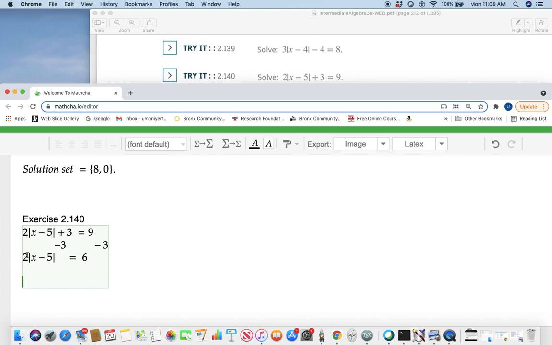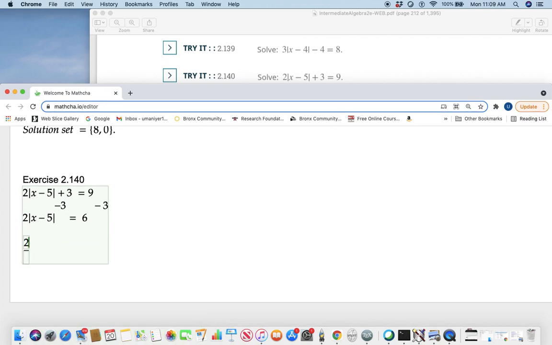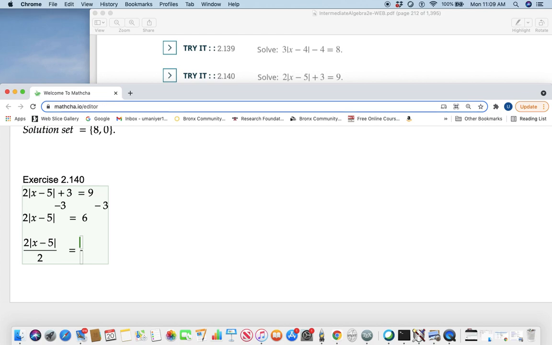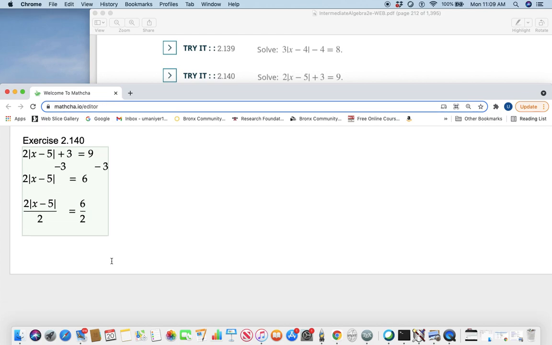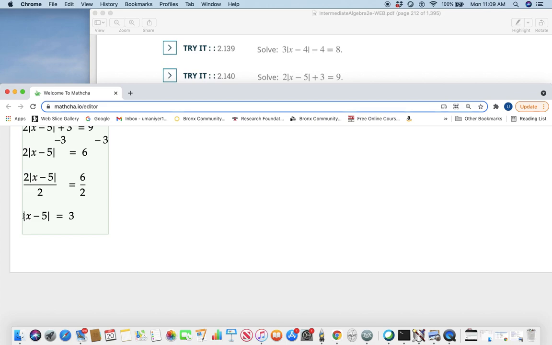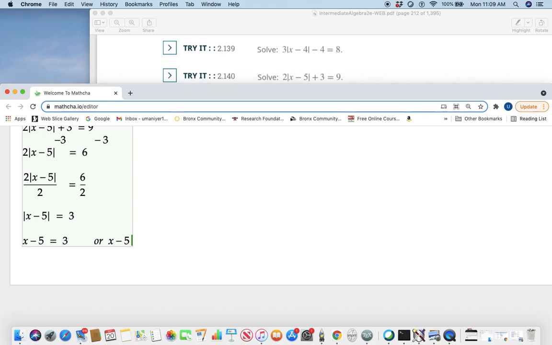You want to get rid of this 2. So divide both sides by 2. 2 absolute value x minus 5 over 2 equals 6 over 2. 2 reduces, you have absolute value x minus 5 equals 3. At this point, you have absolute value of an expression equals a positive number. So the expression is 3 or the expression is negative 3.